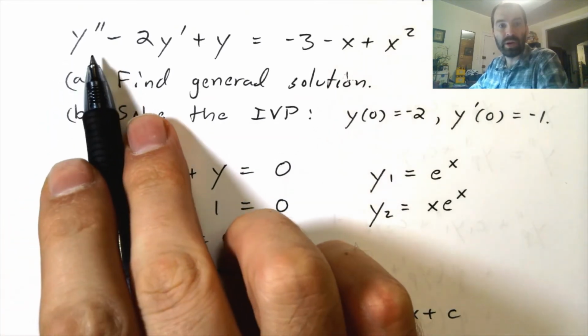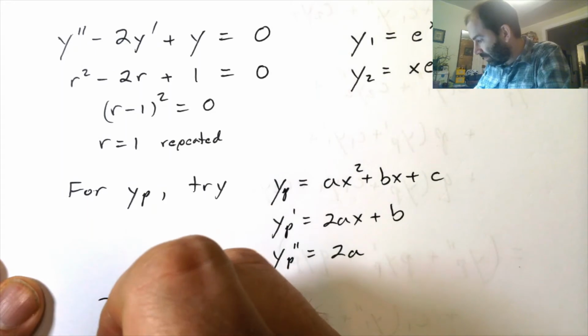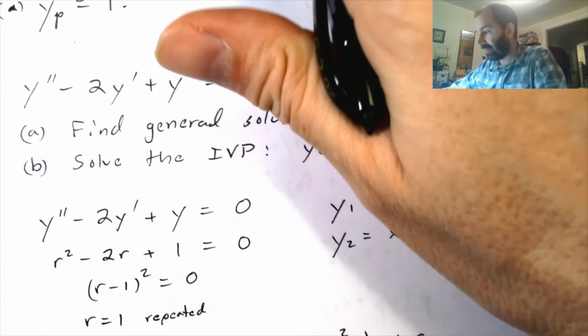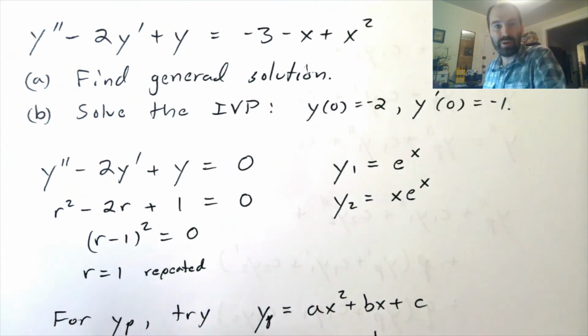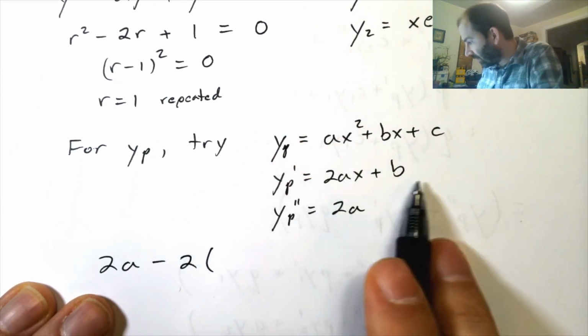Okay, so I need the y double prime. So it's going to be the 2a. Then we have minus 2y prime, minus 2 times this stuff.